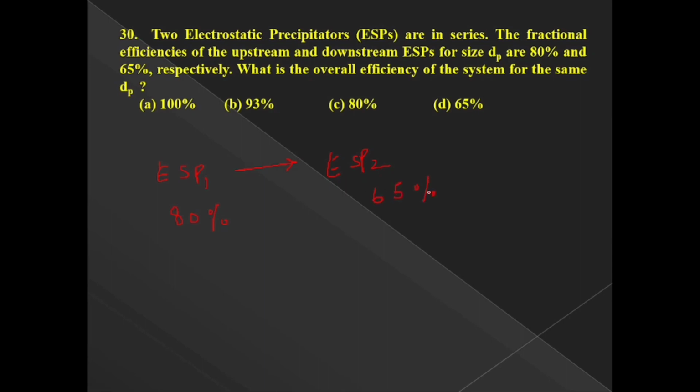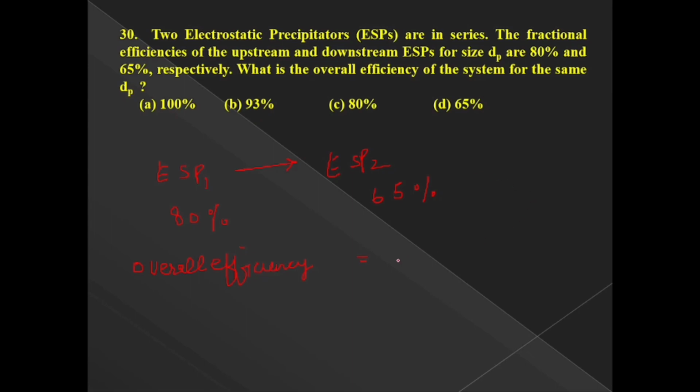Okay. Now overall efficiency we have to calculate. Because, my dear students, eta 1 is 80% here, so 20% of the particulate is not removed by ESP1 and that is removed by ESP2, and ESP2 efficiency is 65% by itself.